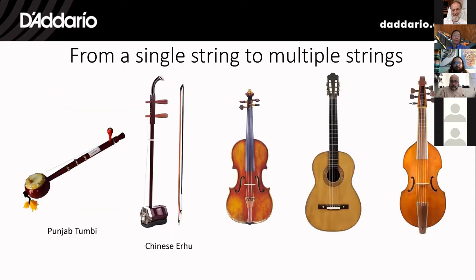Now, presumably the first string instrument probably had only one string. We call that a monochord. But then someone probably figured out there are advantages to adding more strings. It's obvious that you can cover a much wider range of frequencies with multiple strings without having to travel large distances up and down the string with your fingers to stop the string.